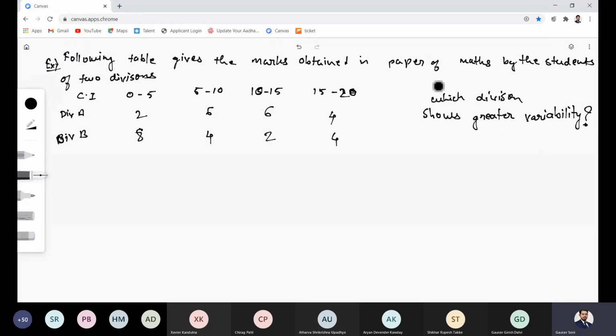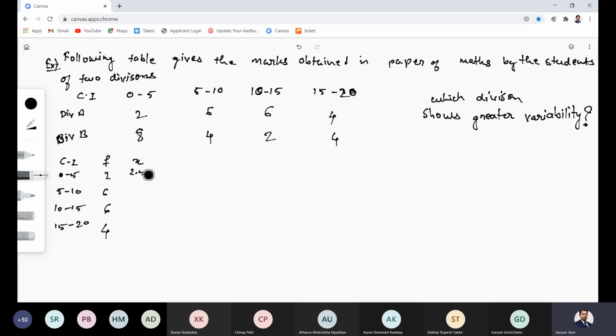So for the class intervals, we need to take the class marks. So we'll have class intervals 0 to 5, 5 to 10, 10 to 15, 15 to 20. The frequency 2, 6, 6, 4.